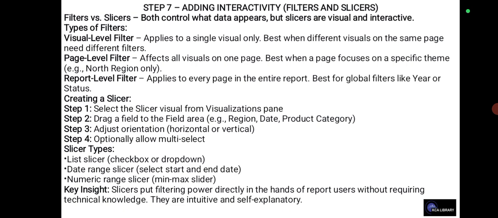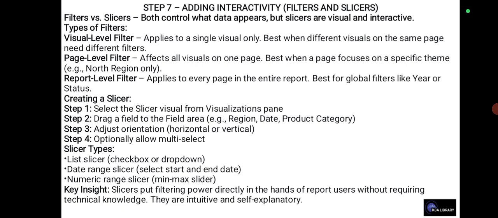You create a slicer by selecting a slicer visual from the visualization pane. Then drag a field to the field area. Maybe you want to talk about region, date or product category. Then you can adjust orientation, or optionally allow multi-select. Now there are different types of slicer. There is the list slicer, the date range slicer, and even the numeric range slicer.